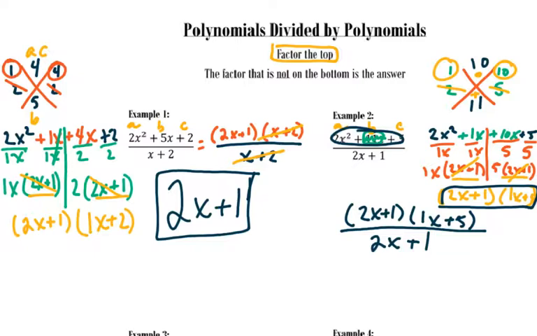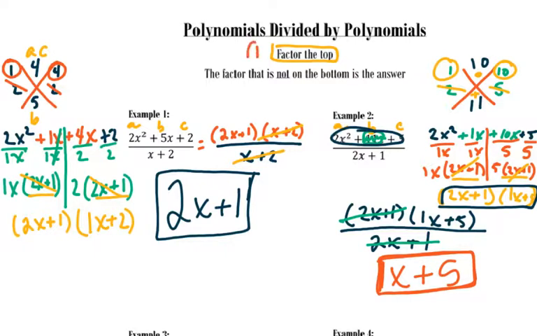So when I divide, this will cancel with this. Whatever's on the top can cancel with what's on the bottom. So my final answer is what's left over, which is just a 1x plus 5. 1x is the same as just saying x. X plus 5. So it's a lot of work, but once you do it, it's really not that bad.